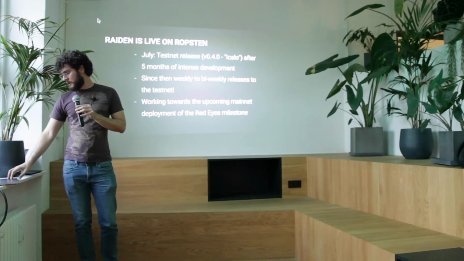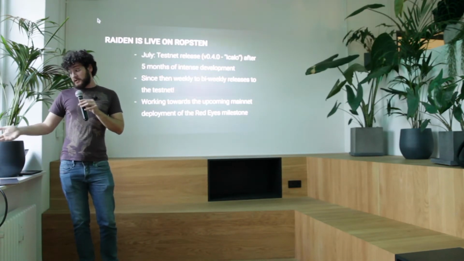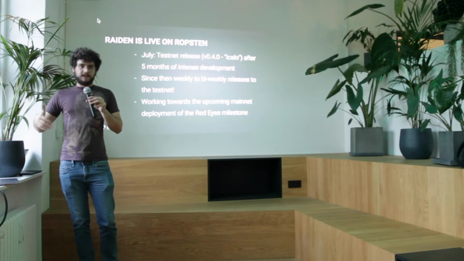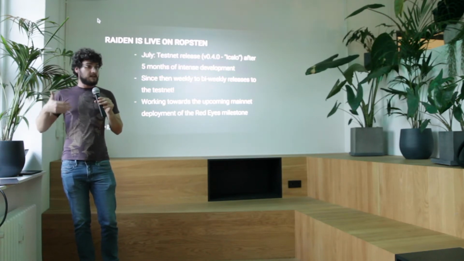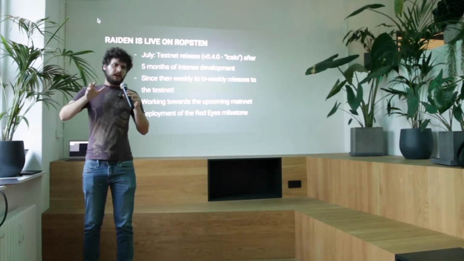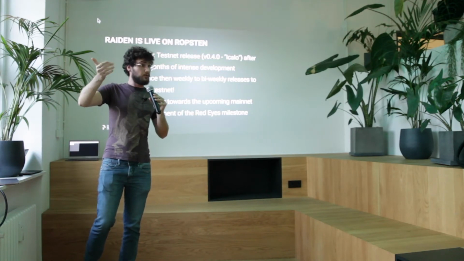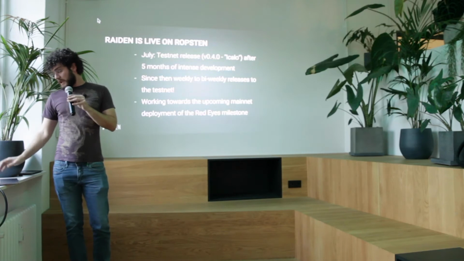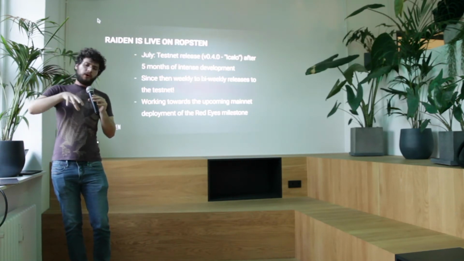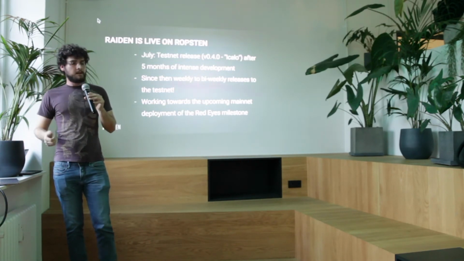Since July, we have made a release every week as we can, fixing bugs and adding features. Sometimes we don't make every week, but we make one every 2 weeks. And right now we are working towards finishing a milestone that we call Red Eyes.